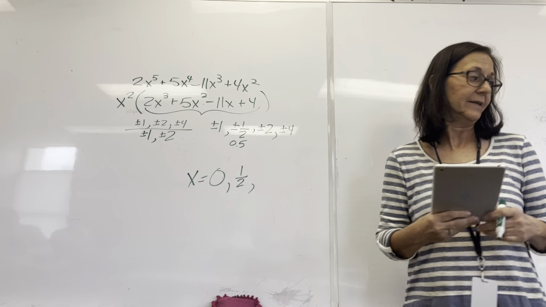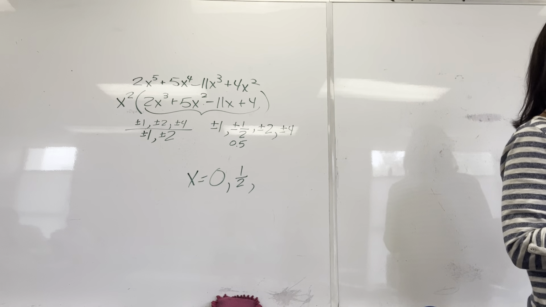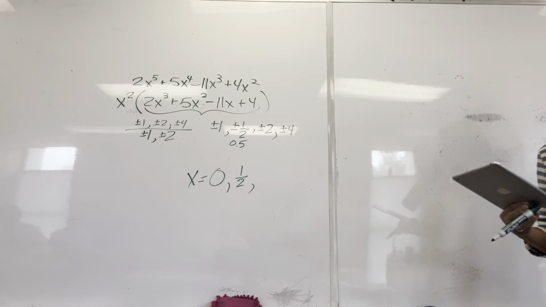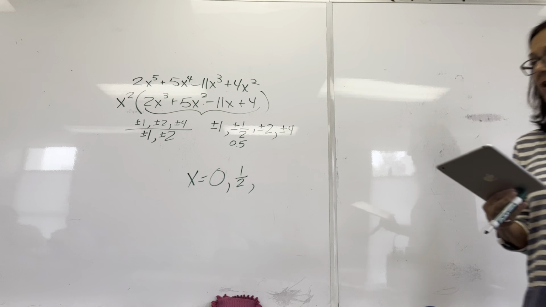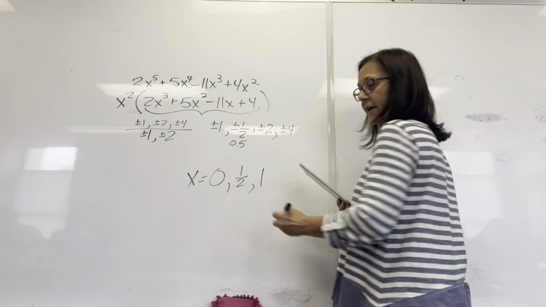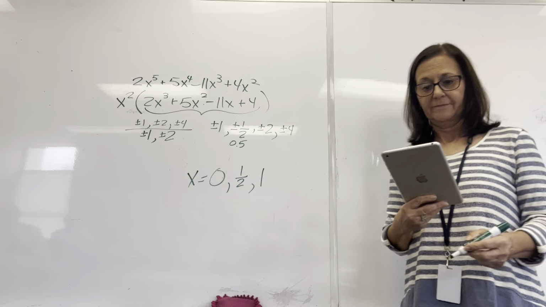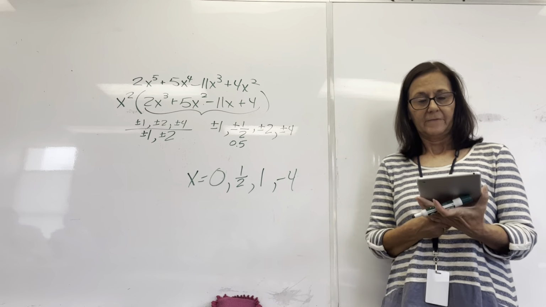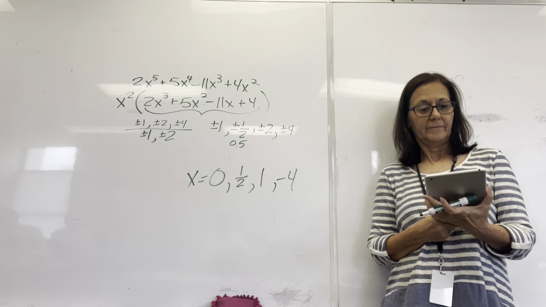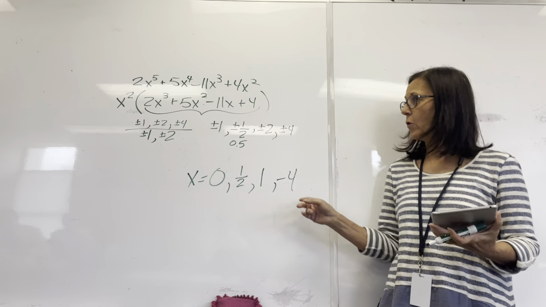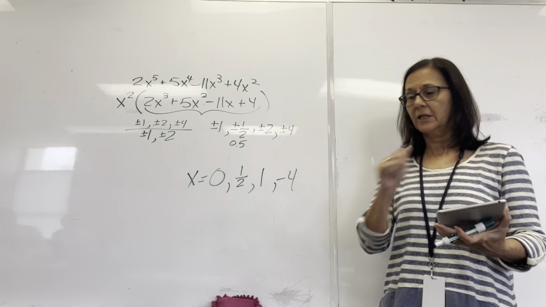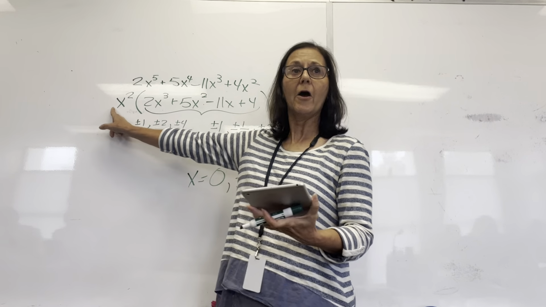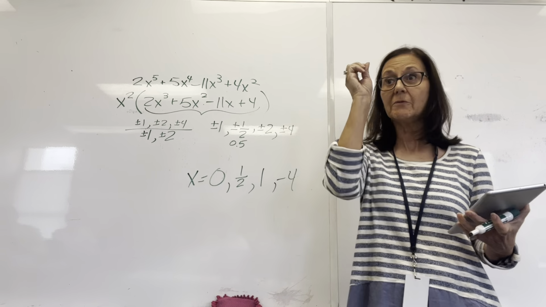I just did it real quick. So 1 works. We're looking for 1 more. Negative 4. -4 works. Negative 2 does not. No one else's should work. We have 4 solutions. The multiplicity of 0 is 2. So it touches and returns at 0.